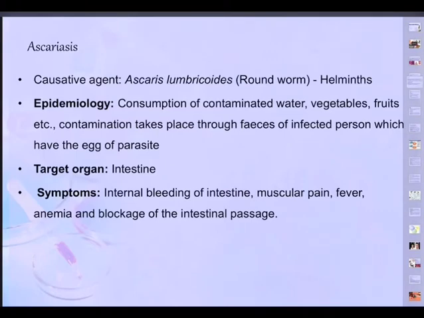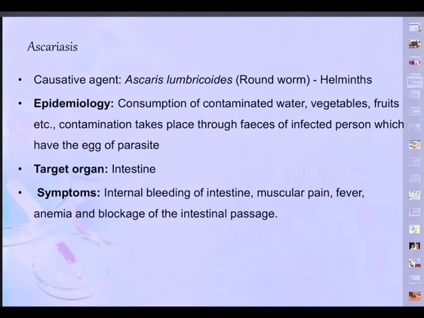These are the symptoms that a person having ascariasis will exhibit. Again the target organ is the intestine. Sometimes when the infection becomes severe, there will be bleeding of the intestine, severe muscular pain, fever, anemia, and of course, as I said, blockage of the intestine.